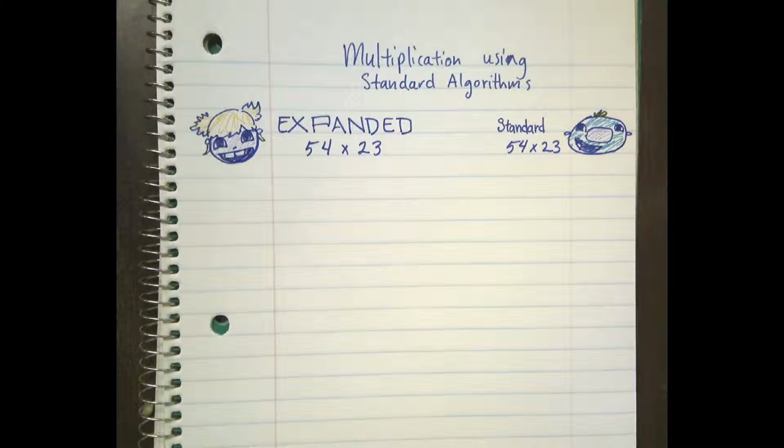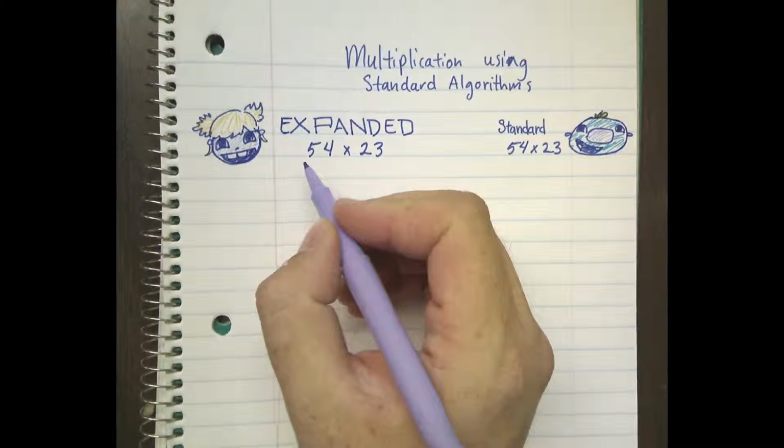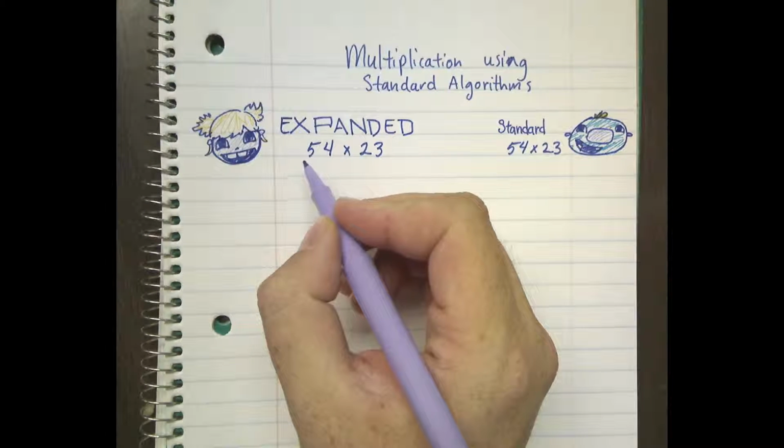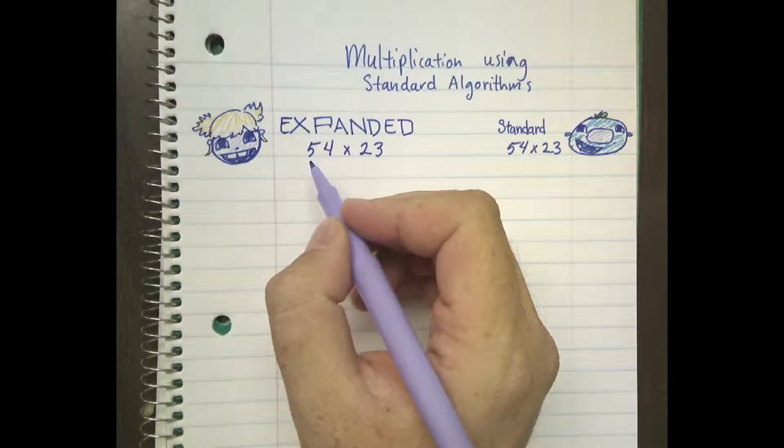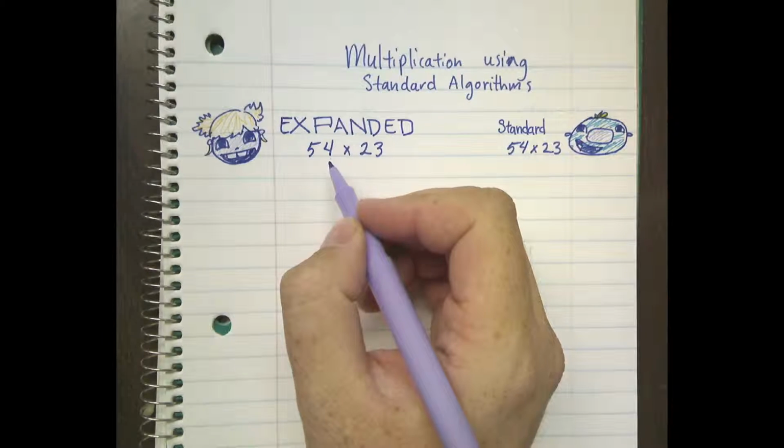So before we get started, both of these algorithms use place value when you're talking about expanded form and standard form. So let's take a look at 54. 54 is really 5 tens and 4 ones.